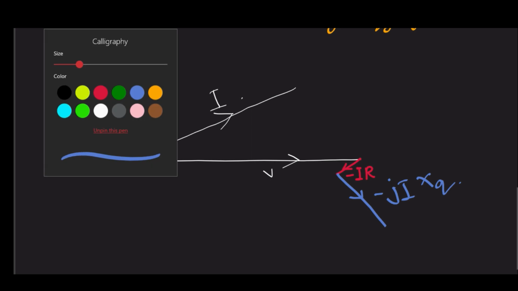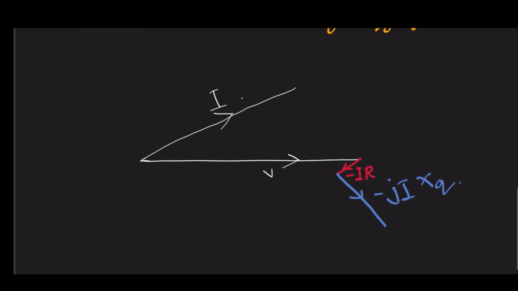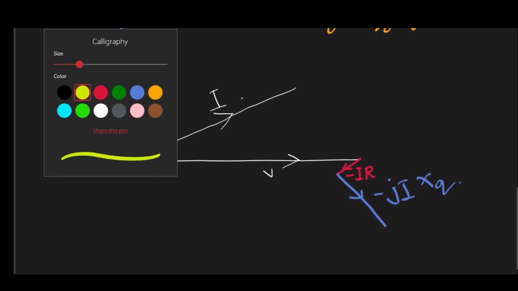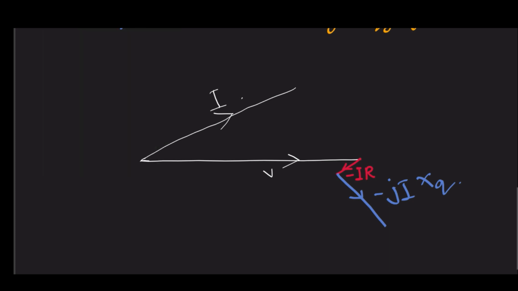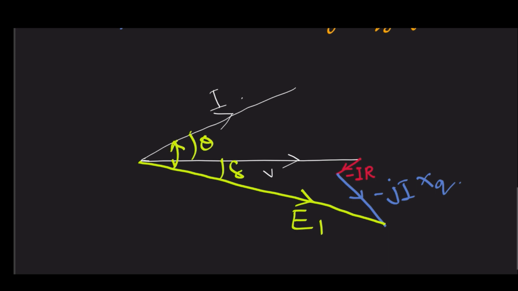That will give you E1. Now this is your delta, this is your theta, this much is beta.